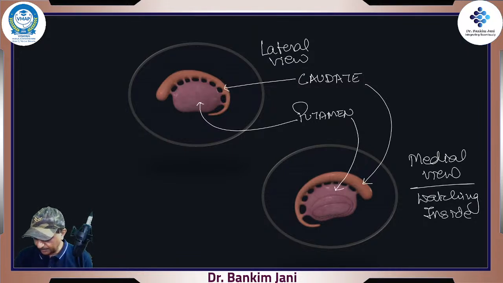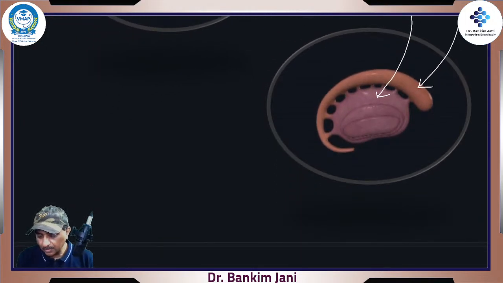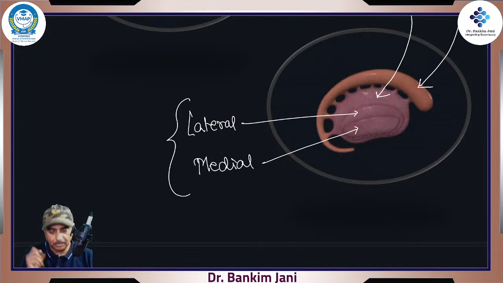And over here, this and this, both of them, collectively, they are globus pallidus. So this one is lateral and this is medial, and that is globus pallidus.